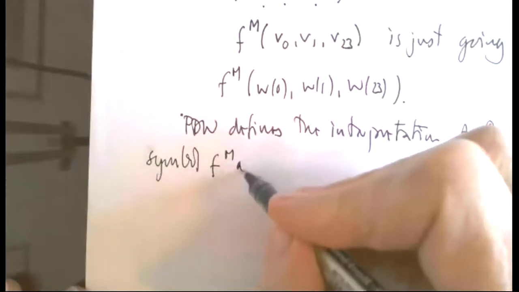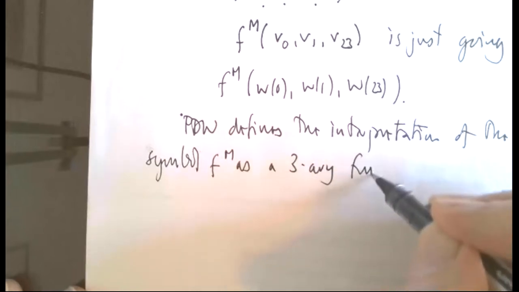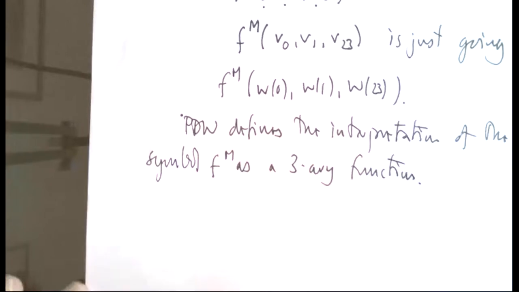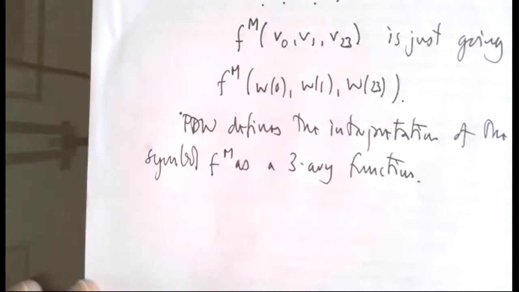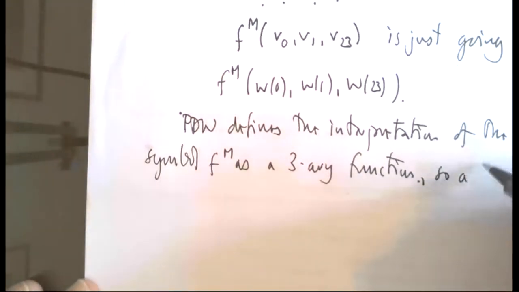Symbol Fm as a three-ary function. So basically the number of the free variables that's in. If you look at the cardinality of the collection of the free variables in the function here, it's a function of that kind.